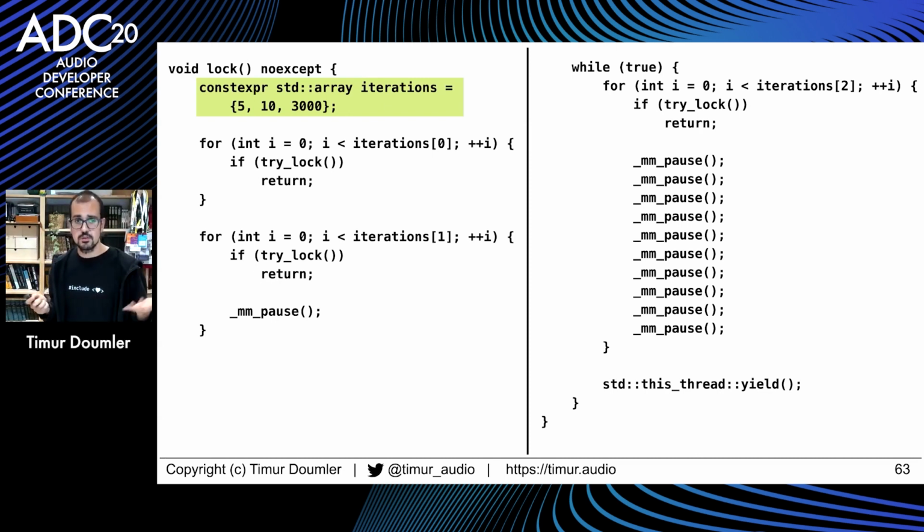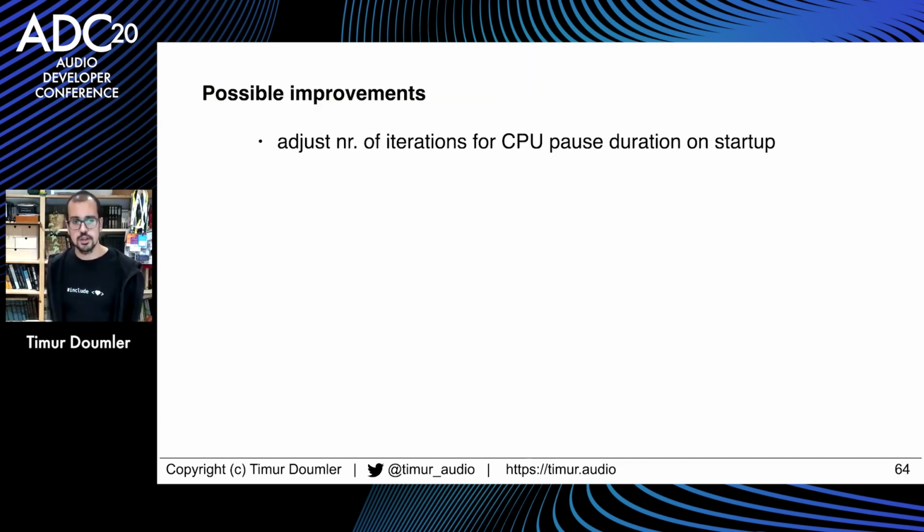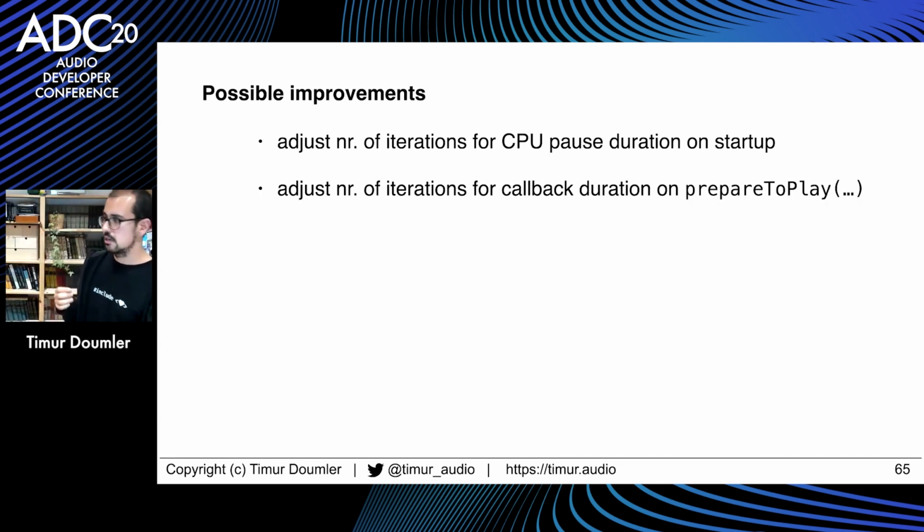And so, of course, we can possibly improve this further. Specifically, you could measure on startup how long this pause instruction takes if you're on some kind of CPU which is very different from the ones that I used, and then adjust the number of iterations for that. And also, depending on how long the actual audio callback is, you have this prepare to play callback or something similar, depending on what framework you use, which is going to tell you the current buffer size and sample rate.